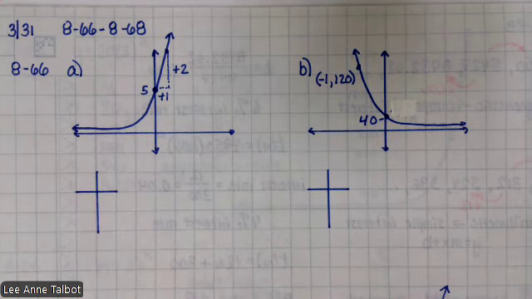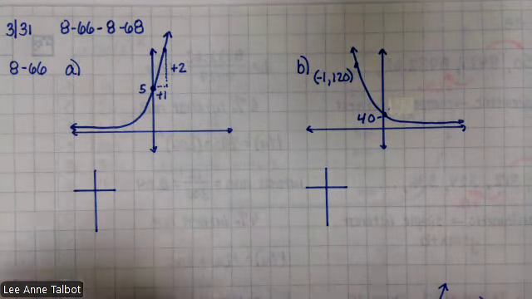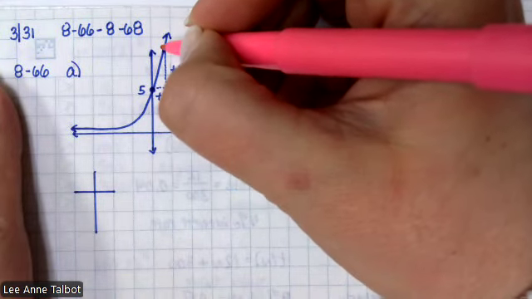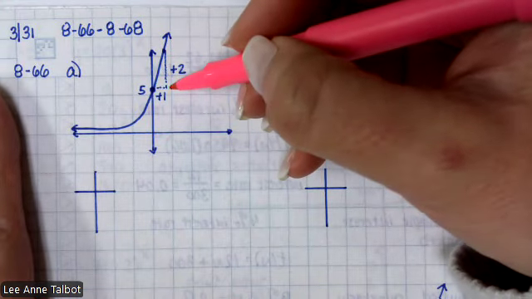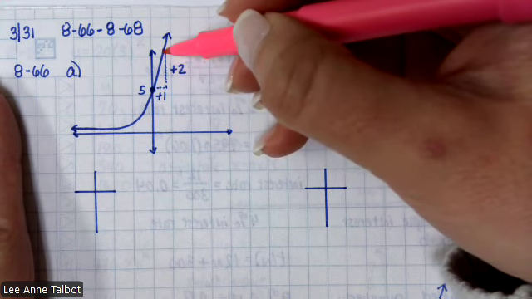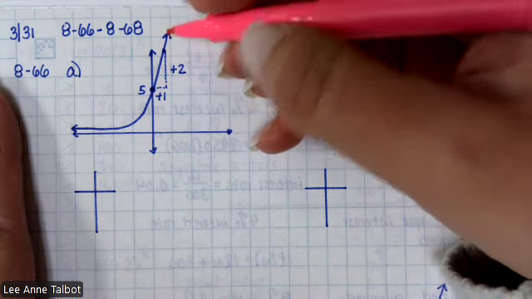Okay, so first problem, number 66A. What is this coordinate right here? If you have 5 and you go over 1 and up 2, what's this coordinate right here? 1, 7, right?